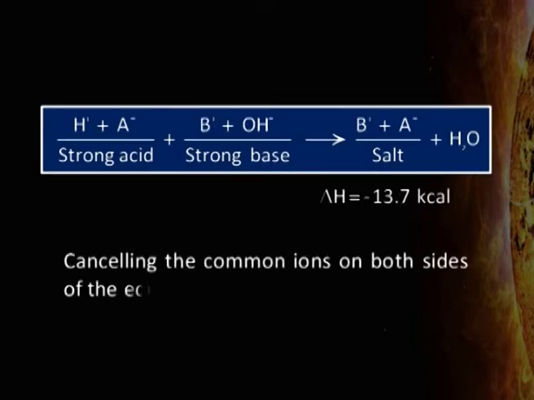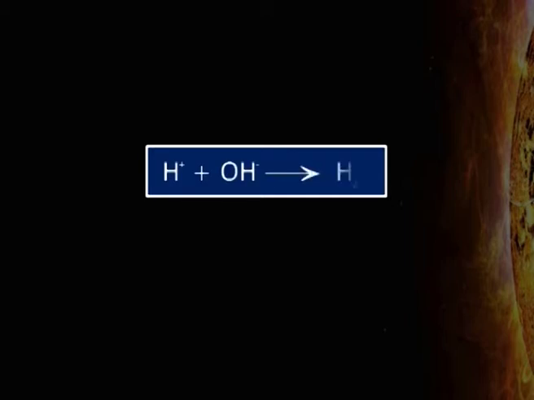Cancelling the common ions on both sides of the equation, we will get H plus OH minus giving you H2O with delta H equal to minus 13.7 kilocalories. Thus, the heat of neutralization for strong acid and strong base is the heat for the combination of H plus and OH minus ions to form H2O liquid. This reaction will remain the same in all the strong acids and strong bases, whatever the acid or base may be.